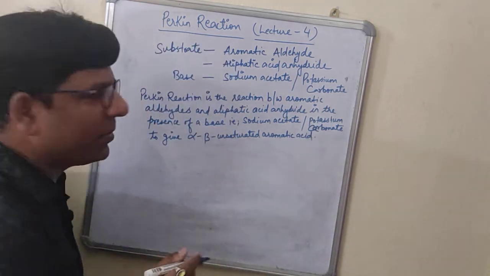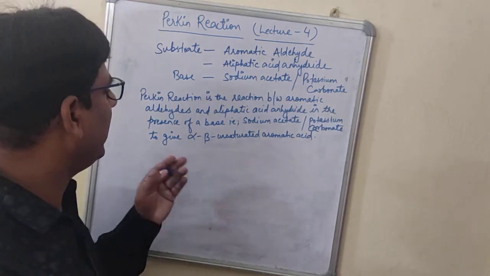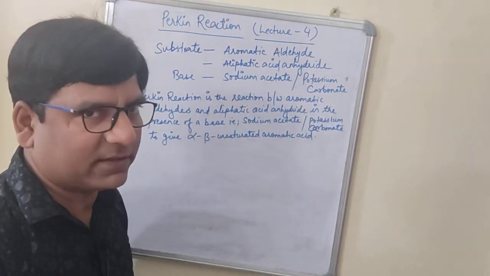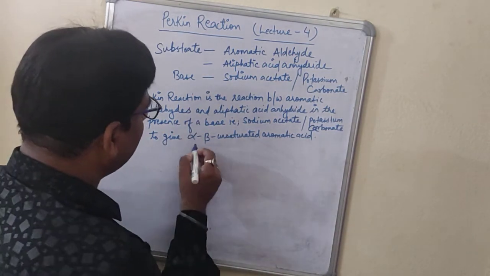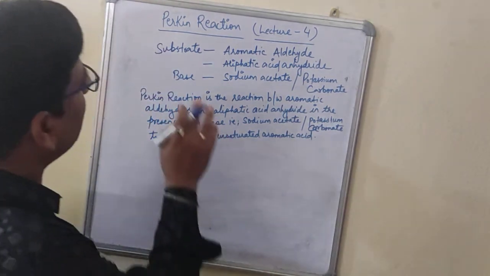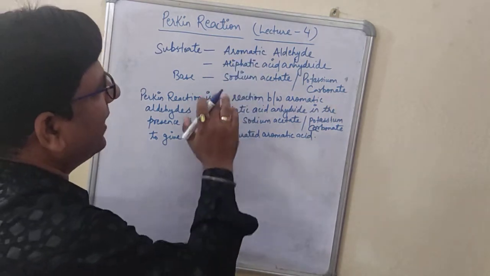See, what you have to remember is that the Perkin reaction is always used to make what? Unsaturated aromatic acid. For example, the cinnamic acid. Right? So what will be the product of this reaction? The product of the reaction will be alpha beta unsaturated aromatic acid. So always remember the substrates. What are the reactants that are required? That is the aromatic aldehyde.